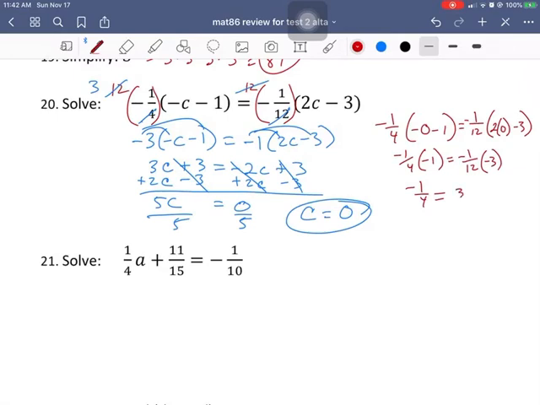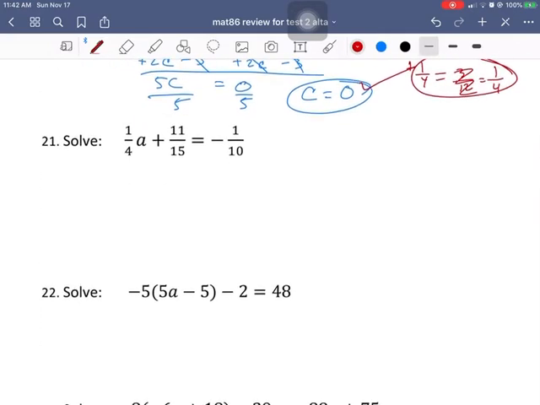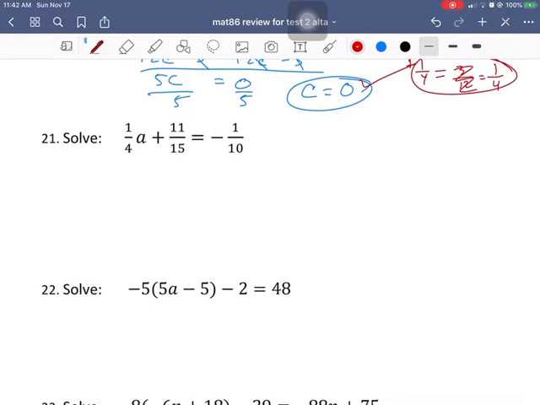So this would be a positive 3 over 12, which would be a positive 1/4. Did I mess up? Oh yeah, right here. There's a negative quarter, that's a positive. I messed up when I was checking, but yes, that side does equal that, so this is correct. Okay. All right. Let's see.